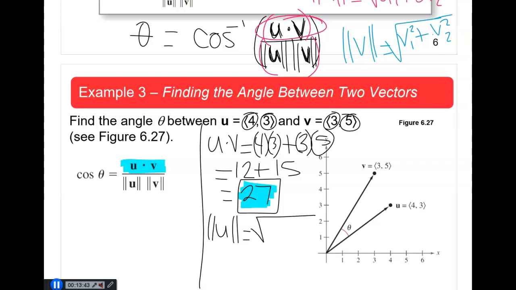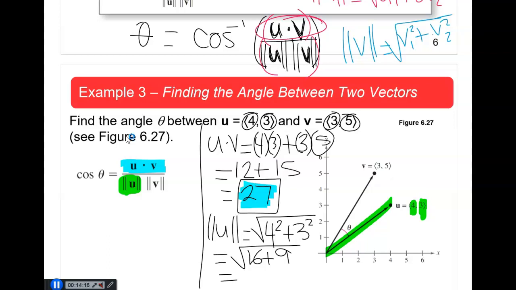So we have that vector here, and so we need to take the horizontal component and square it, so that will be 4 squared plus the vertical component squared, so that will be 3 squared, and that will give us the square root of 16 plus 9, which is equal to the square root of 25, and that is equal to 5.